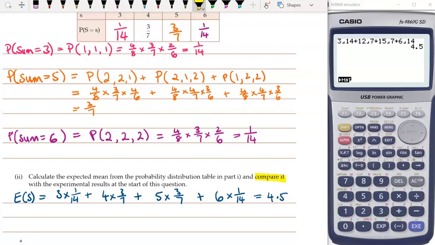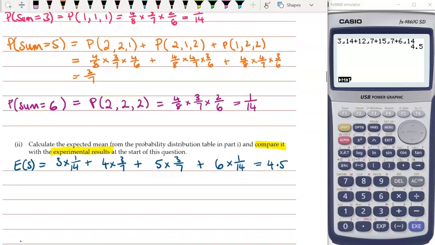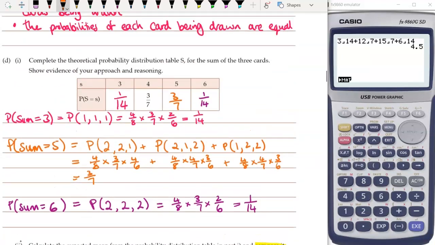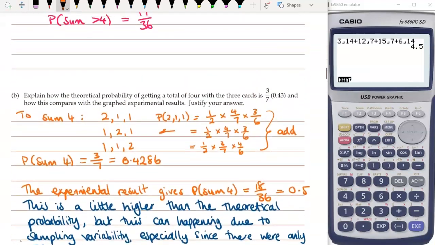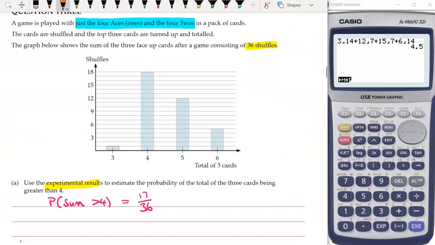Then we want to compare it to the experimental results that we had at the start. So the experimental one we'll do in the same way. So let's take a look at what we're looking at with the probabilities up here.